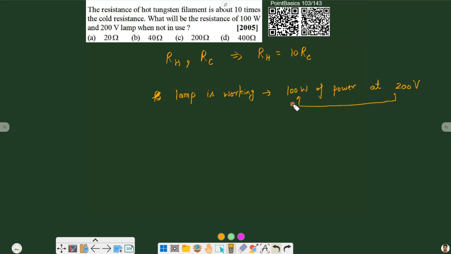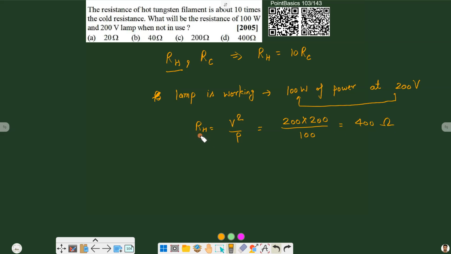Now, while it's working, it will be considered as hot, because while it's working, it's generating heat. So filament will be heated, and its resistance, as per the question, will be considered as hot tungsten filament resistance. So RH will be V square by P. So it will be 200 into 200 divided by power, that is 100, and it comes out to be 400 ohms.